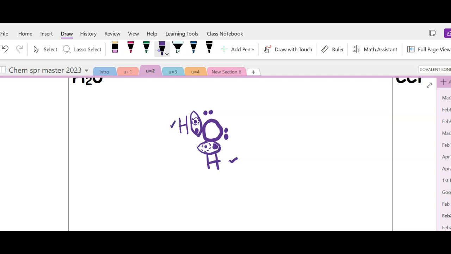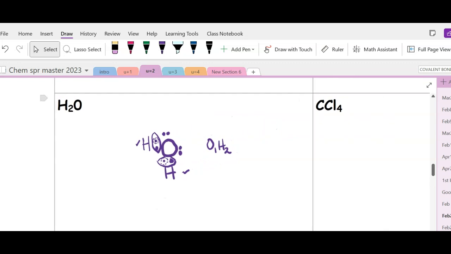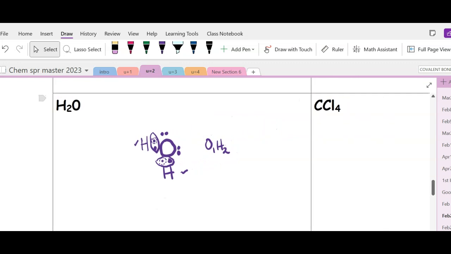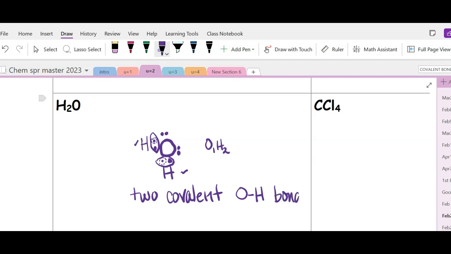So the formula is 1 oxygen and 2 hydrogens, O1H2, or H2O. So we showed that there are 2 covalent bonds, and each is between oxygen and hydrogen. 2 covalent bonds between oxygen and hydrogen.